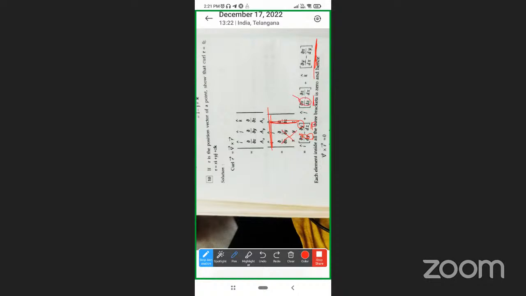With respect to x, the z term is also 0. With respect to x, the y term is also 0, and with respect to y, the x term is also 0. So del cross R is equal to 0. Then R is the position vector, and the curl of the position vector is equal to 0.